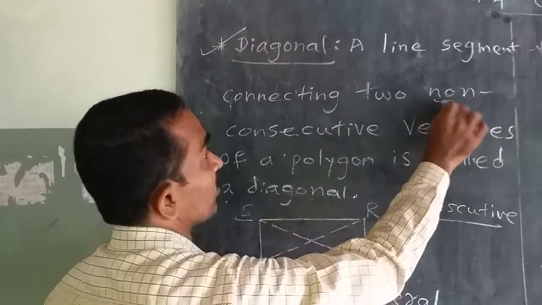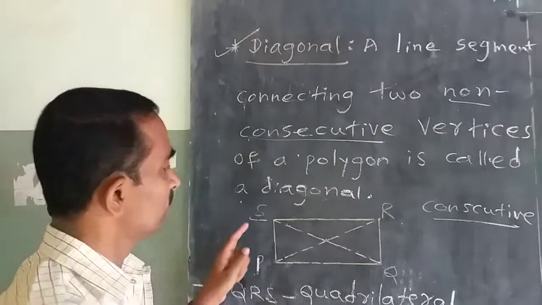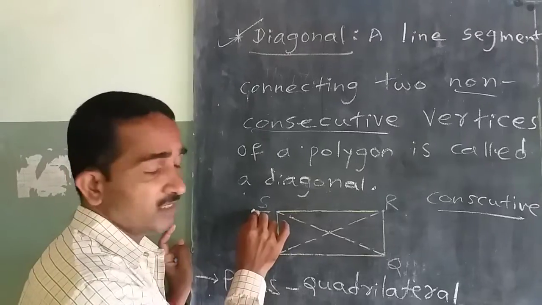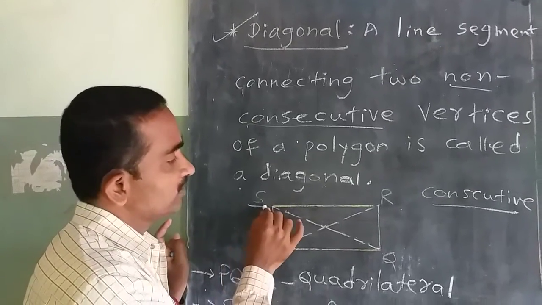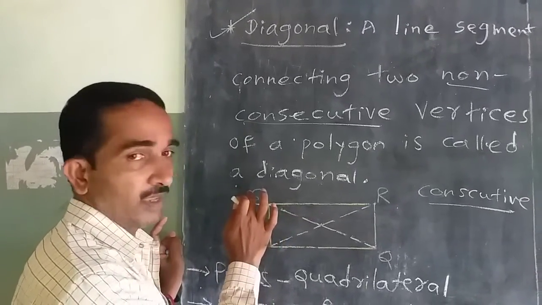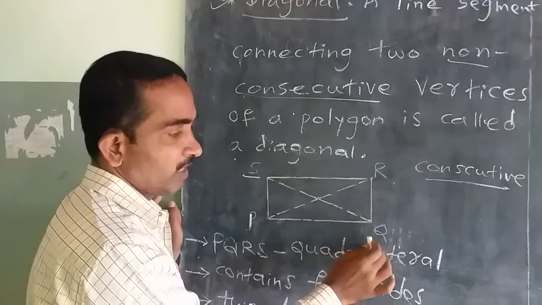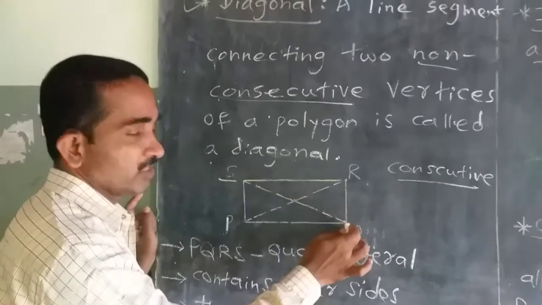Here, non-consecutive means if you want to connect two points from S, at that time take S as the first point, leave R, after that take the third point Q, and connect these two.